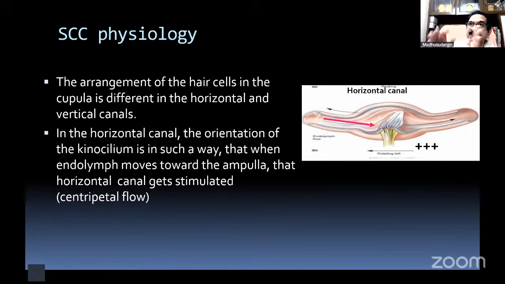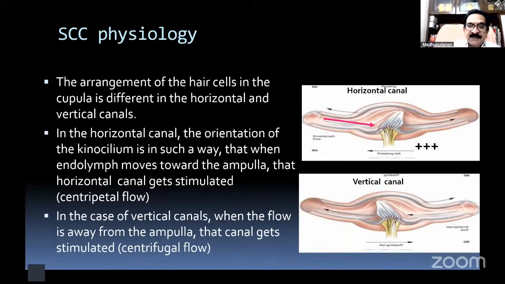That is how the kinocilium is oriented. On the other hand, in the case of vertical canals, when the flow is away from the ampulla, that canal gets stimulated. So these are two things.